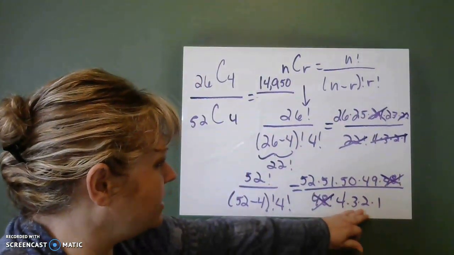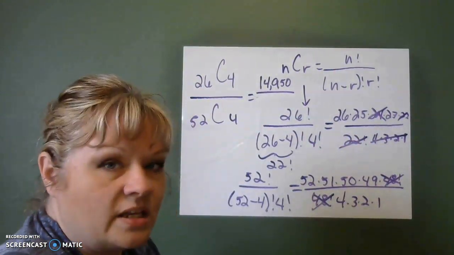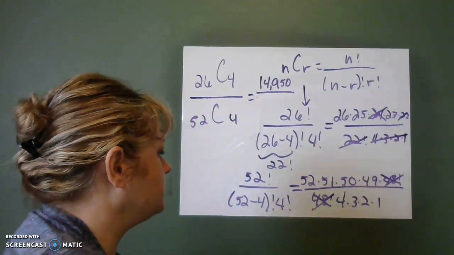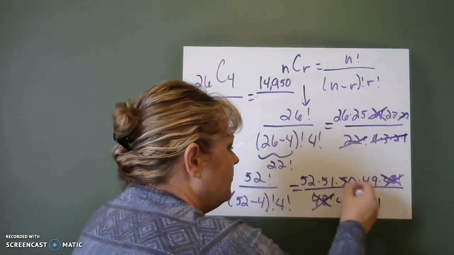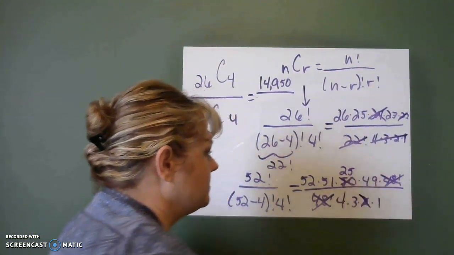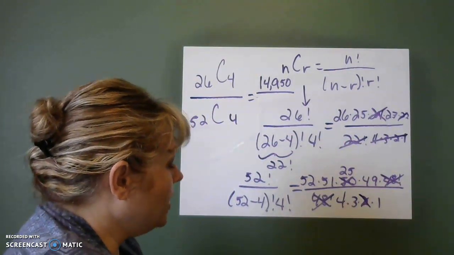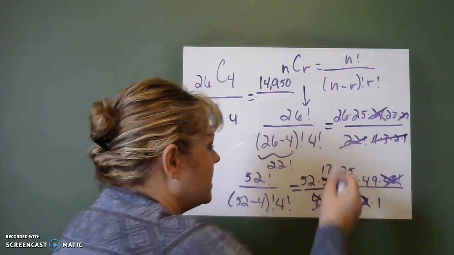Here, I can do those all together like I did up here, or individually. When I look at that individually, it might be a little bit easier for me. Doesn't matter. I know that 2 goes into 50 25 times, and I know that 3 goes into 51 17 times.